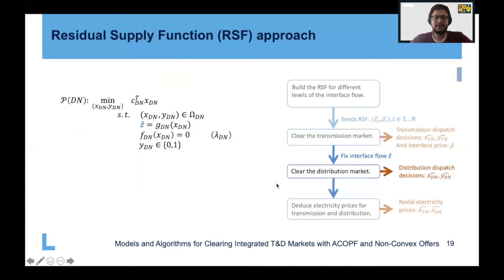Now that we have cleared the transmission system, we can easily clear the distribution system by fixing the interface flow, and we keep the same equations in the distribution. That will allow us to have the dispatch decisions for the distribution system.